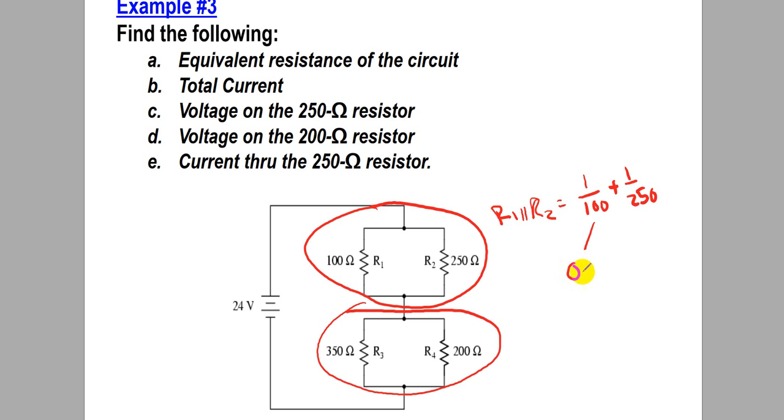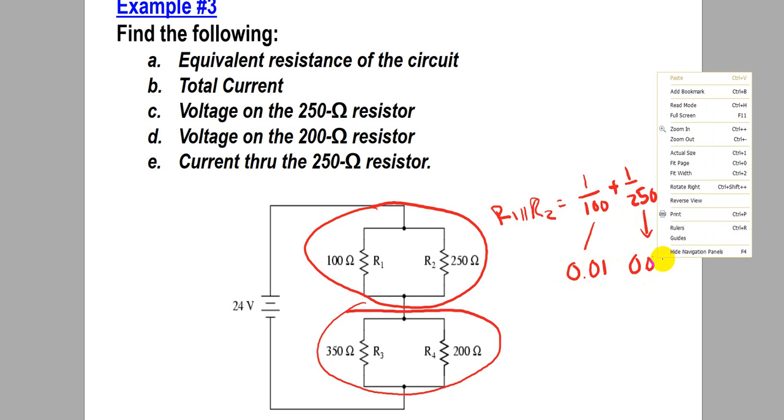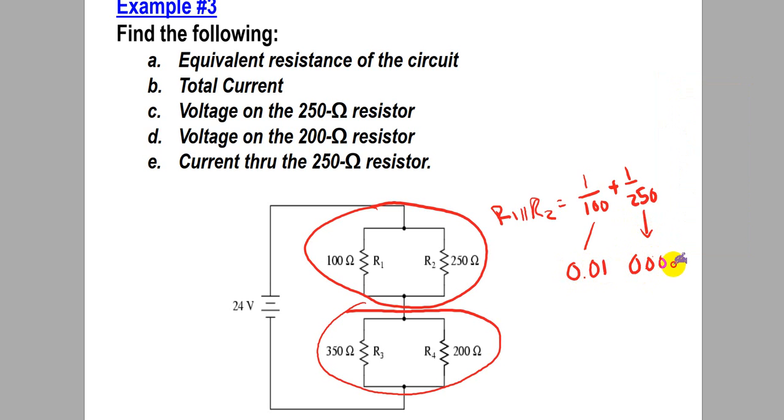So this one is 0.01. This one will be turned into 0.004. Once you add them up, you get an answer of 0.014.